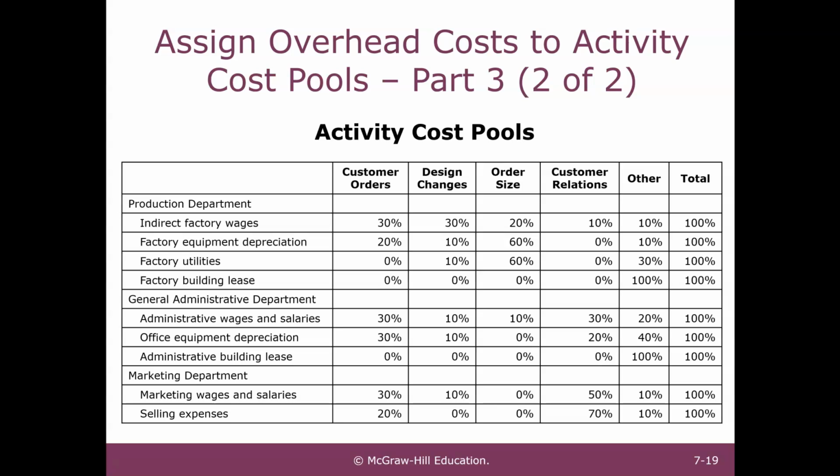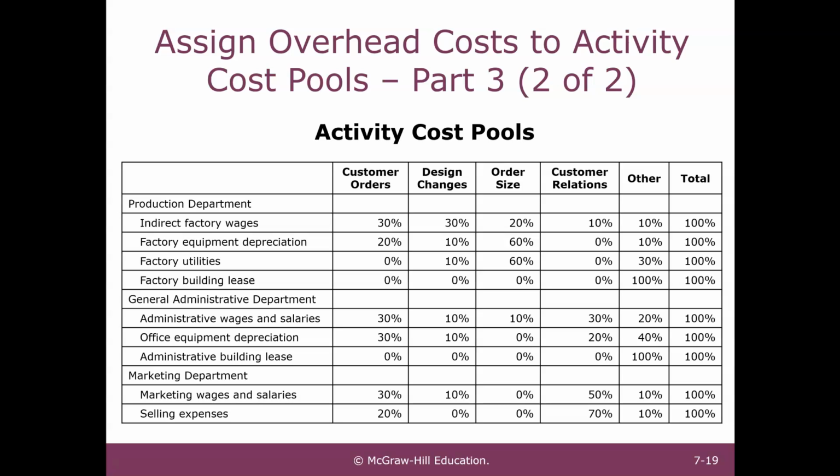This is what an activity cost pool looks like. They're taking all of the different costs associated with the company and dividing them into the 4 or actually 5 cost pools.